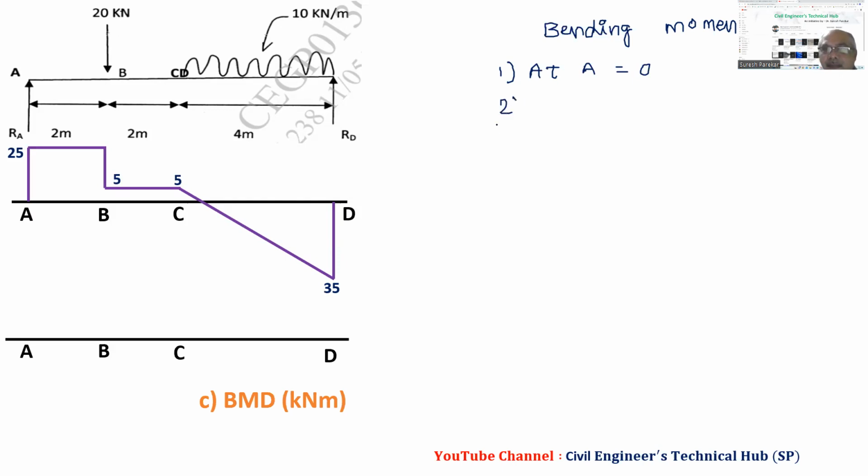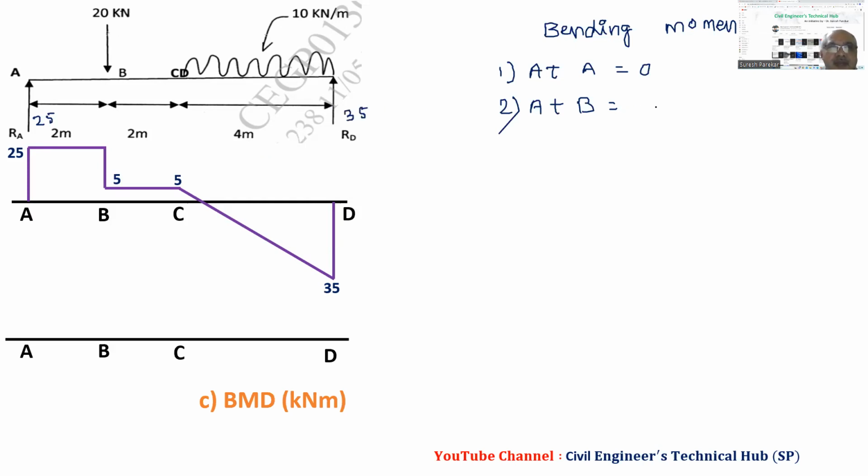Then at B, we have 25 as a reaction and 35 as the other reaction.